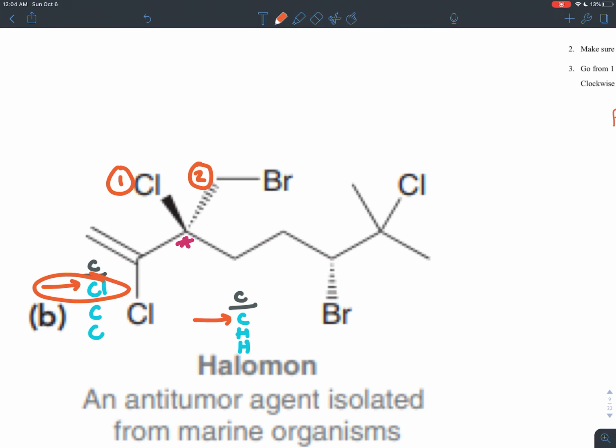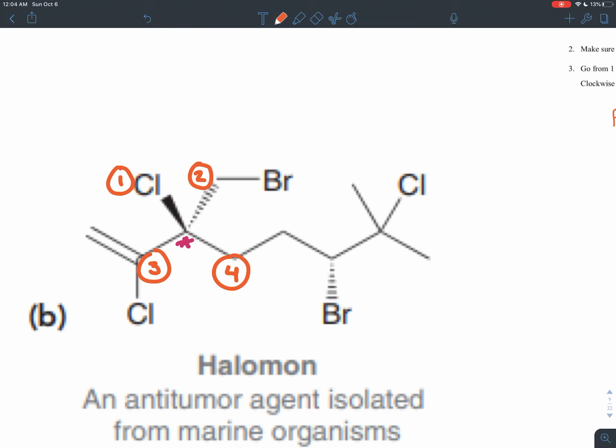Chlorine has the next highest atomic number of 17, and so the carbon that's bonded to the chlorine will have the next highest priority. And so that means this last carbon is going to be carbon number 4.